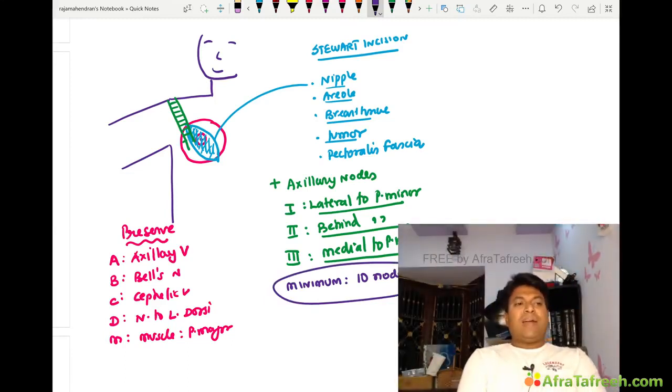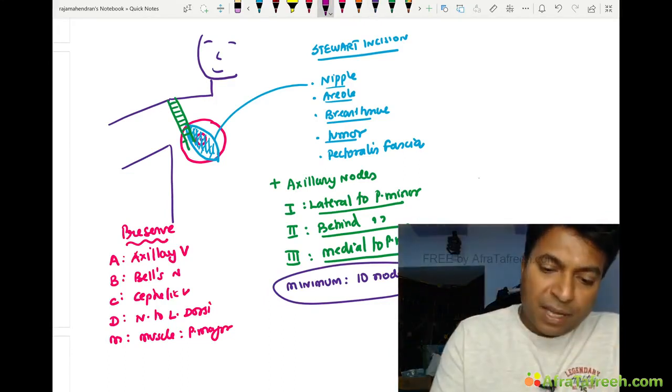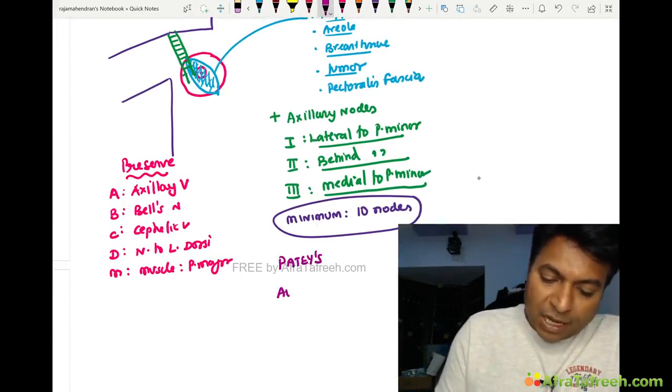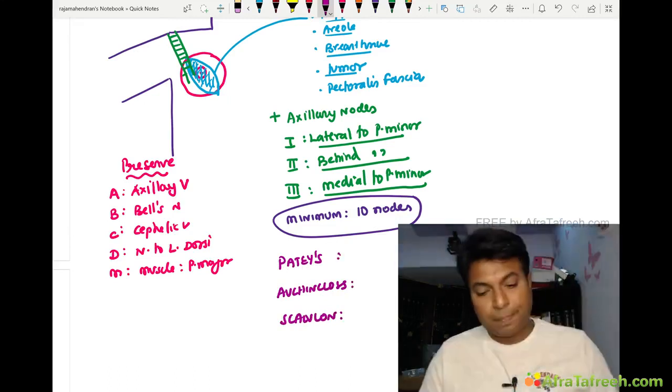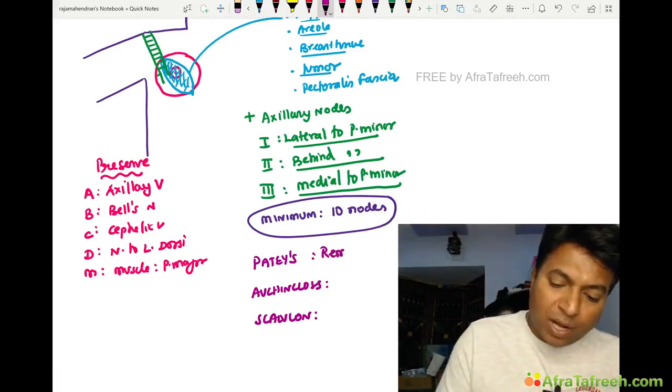While doing this modified radical mastectomy, there are 3 maneuvers which we will be doing. What are they? Patey's maneuver, Auchincloss modification, Scanlon modification. These are 3 important modifications. In Patey's, to remove the nodes, I remove the pectoralis minor.